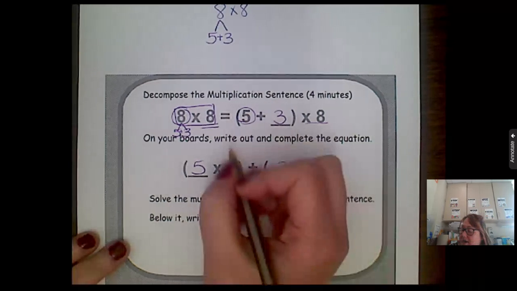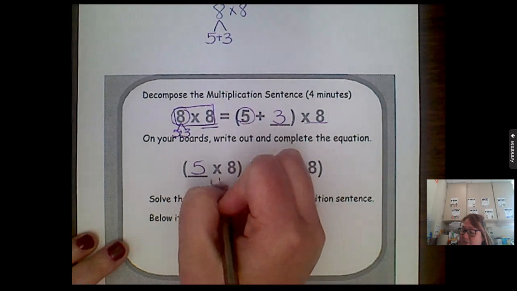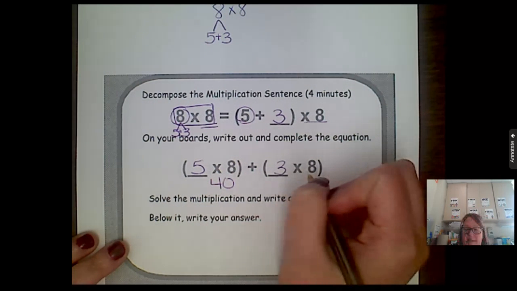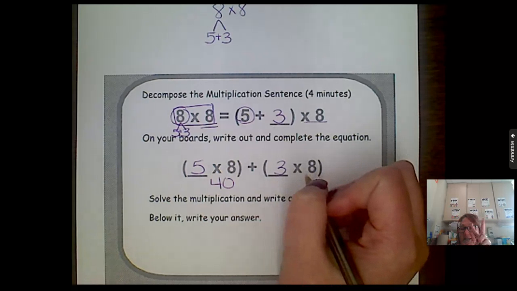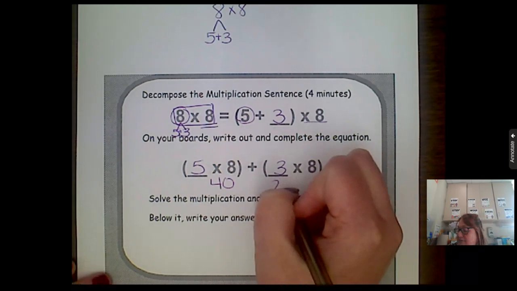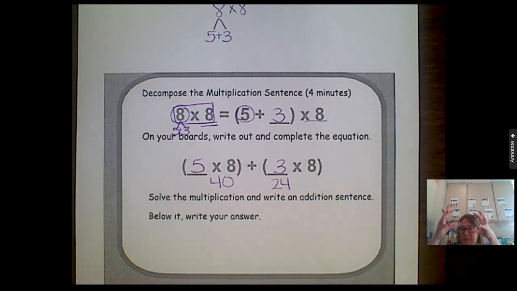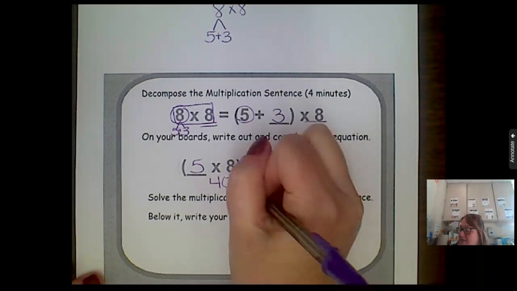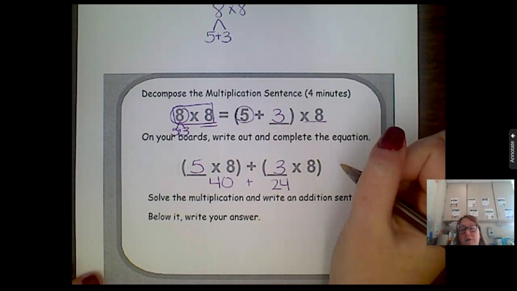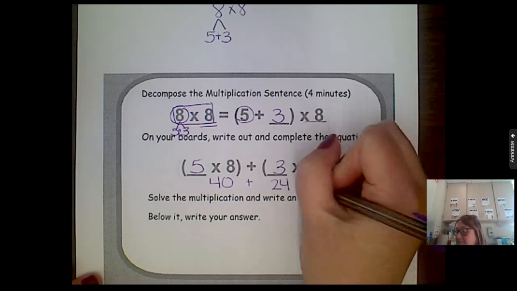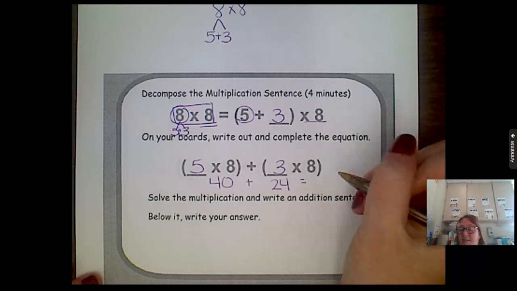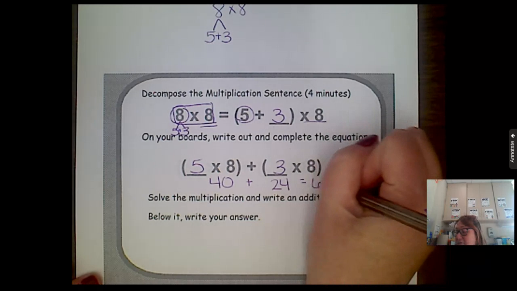Okay. I know that 5 times 8 is 40, and 3 times 8, 8, 16, 24, is 24. And then what do I do with those two parts? I'm going to add them together, right? So 40 plus 24. Can you do the mental math for that one? It equals 64. And we said our rhyme for that one too, right?